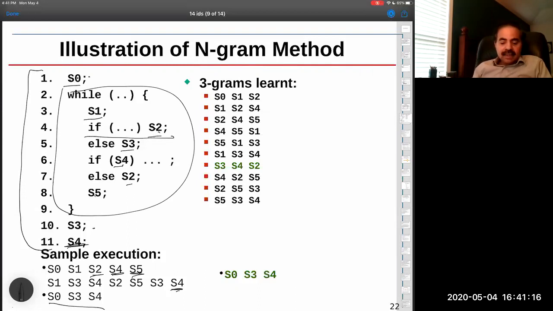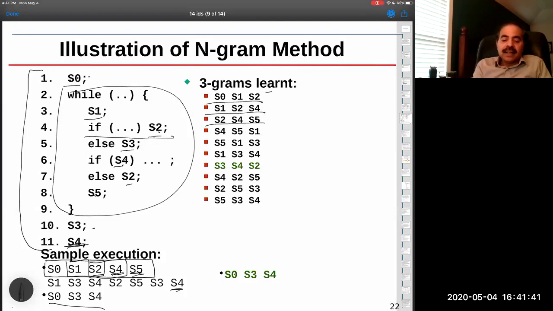Looking at these two sequences, you can write out the 3-grams. S0, S1, S2 is one 3-gram. Then S1, S2, S4 is a second 3-gram. S2, S4, S5 is a third 3-gram, and so on.